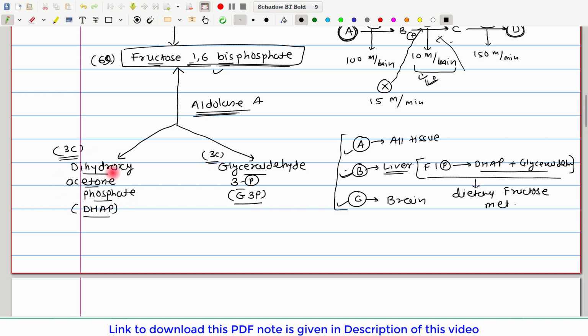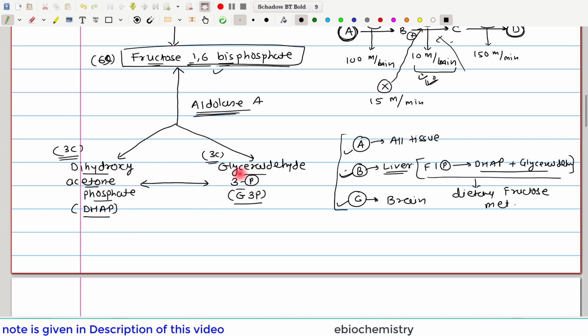Now, dihydroxyacetone phosphate and glyceraldehyde 3-phosphate are isomers of each other and both are interconvertible, and this interconversion of these isomers is catalyzed by an isomerase kind of enzyme. So, an isomerase enzyme is working over here. Now, what kind of isomerase will be here? This is a triose sugar with a phosphate, and this is also a triose phosphate.